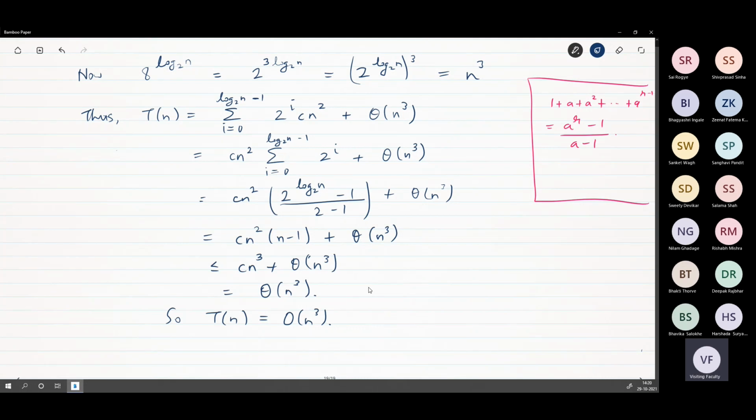Alright. Now we want to try the substitution method and solve the same problem.